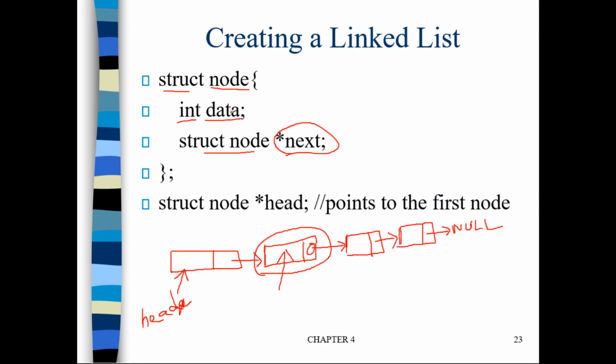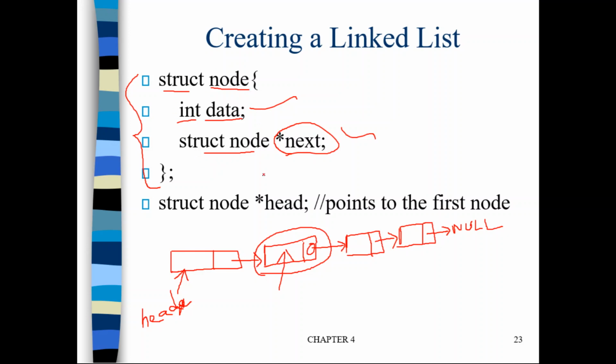Again, struct node is a combination of two things, data and a pointer. This has captured the features of a node in an appropriate way, because a node has a data part and a pointer part which can point to another node of the same type. This is how we define a basic structure.